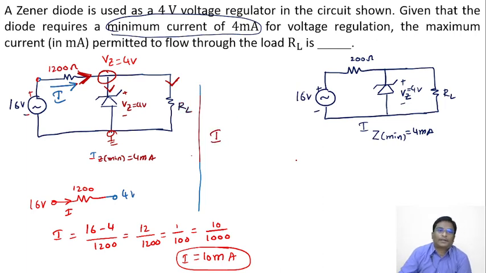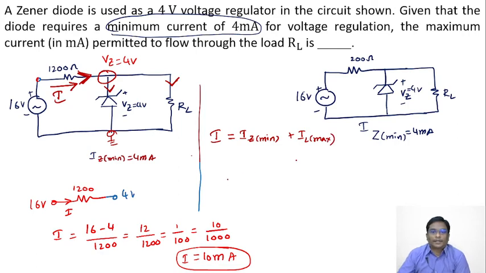When this diode current is maxima, this load current becomes minima. Right now, when this diode current is IZ minima, its load current will become maxima. Therefore, what is IL maxima?